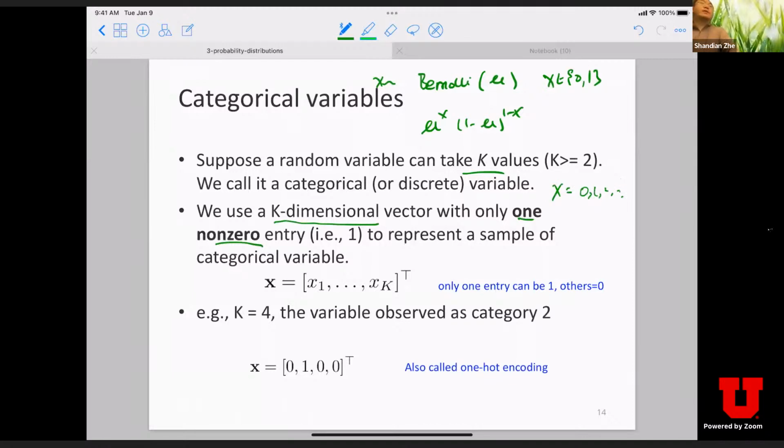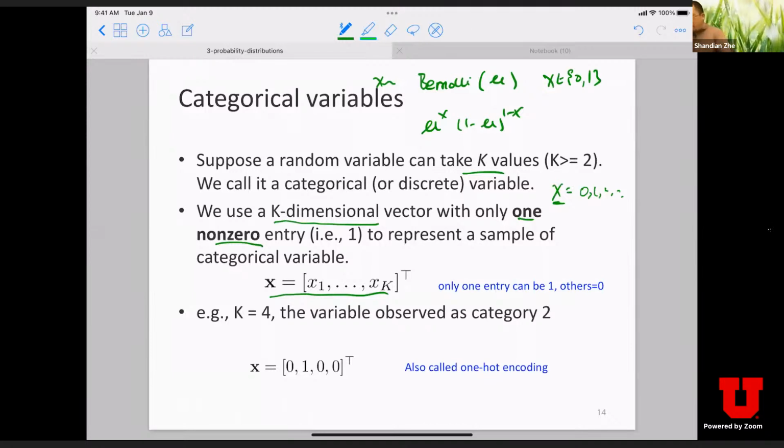This might be the most intuitive way to represent the value a categorical variable can take. However, when we handle machine learning problems, we instead represent x as a K-dimensional vector. Suppose x can take K possible values. In this vector, only one element takes the value 1, and all the other elements are simply 0.